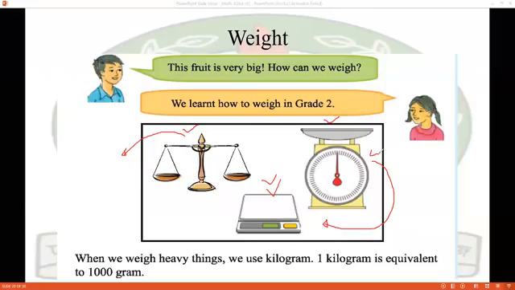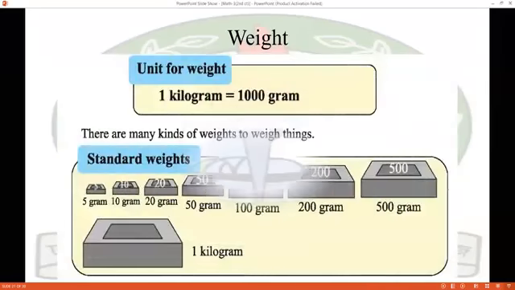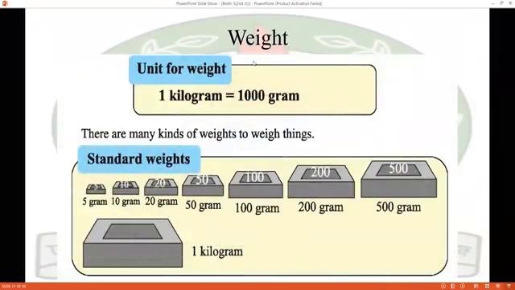1 kilogram is equivalent to 1,000 grams. We already know it. So we have to know about the units of weight. We know the units of weight are kilogram and gram. There is a relation between the kilogram and gram.